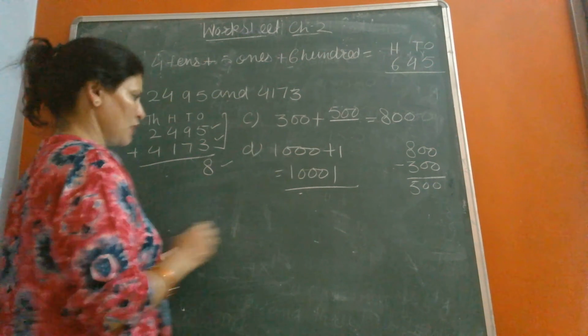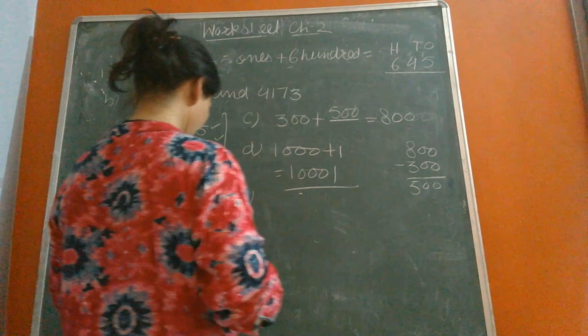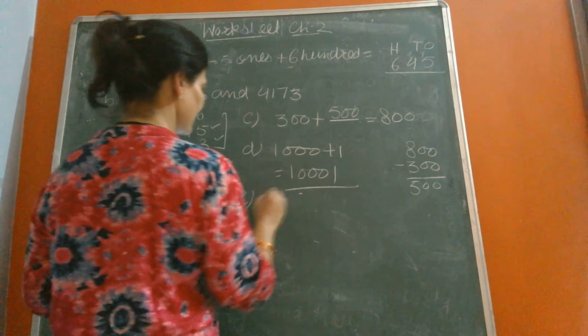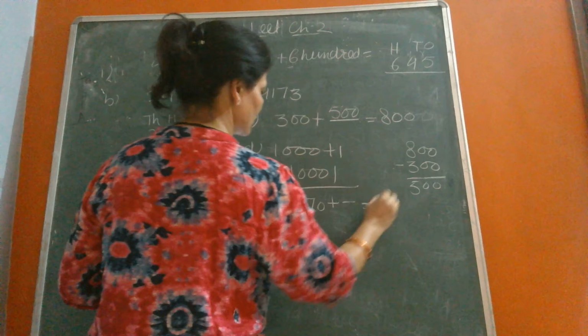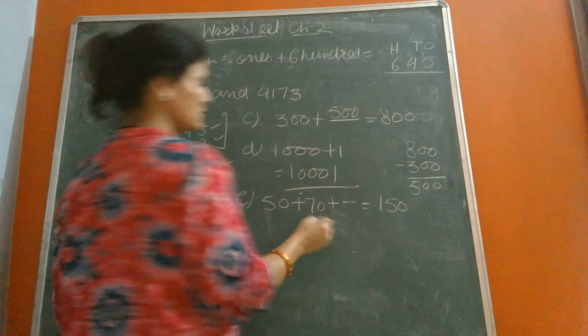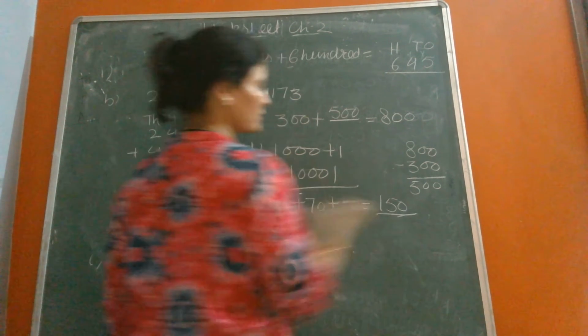Now part E. Part E is 50 plus 70 plus blank equal to 150. Again, we have been given the answer 150.